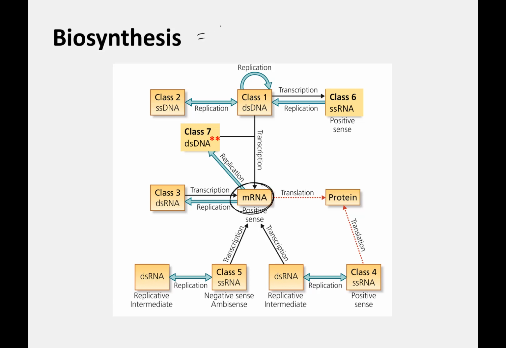So biosynthesis means viral gene expression and viral genome replication. Right? And you have to have genome replication because you're going to be packaging genomes into new virions for the next round of infection. Okay?